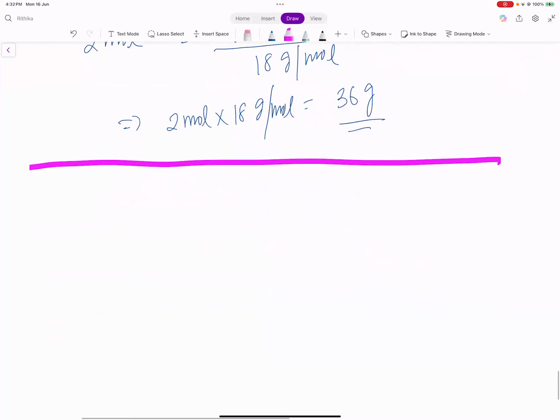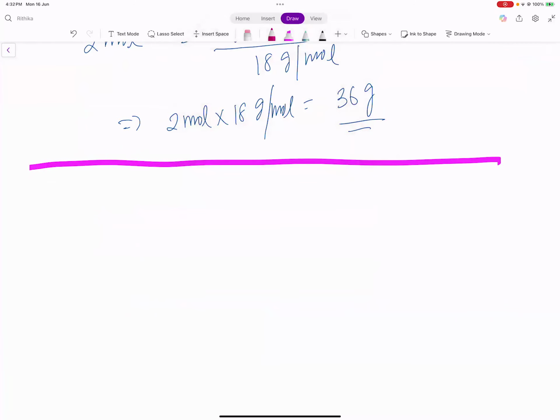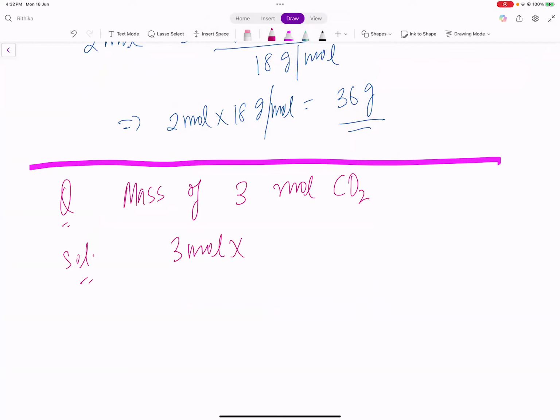Now, mass of 3 mole CO2. So 3 mole, and I multiply it by the molar mass of CO2. For CO2, carbon is 12 plus 2 into 16, so 44 gram per mole.